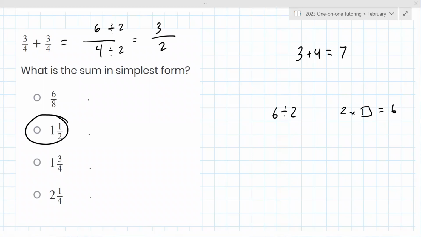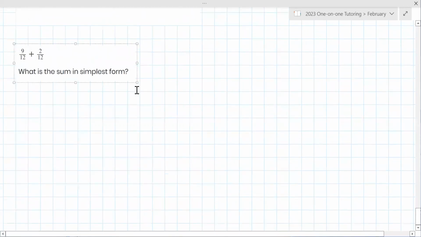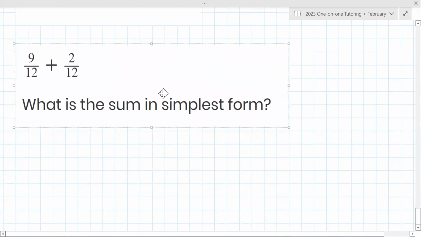You got 2 fractions with the same denominator. So let me snip that in. All right, so take a look at this one. Can you add those for me? Okay. 11 over 12. Good, very good.